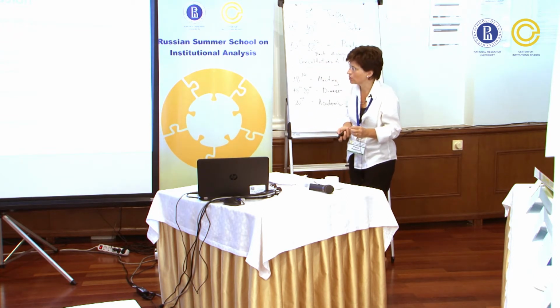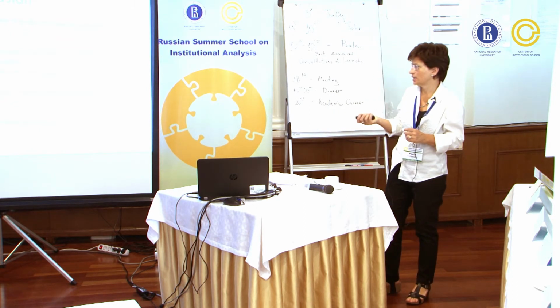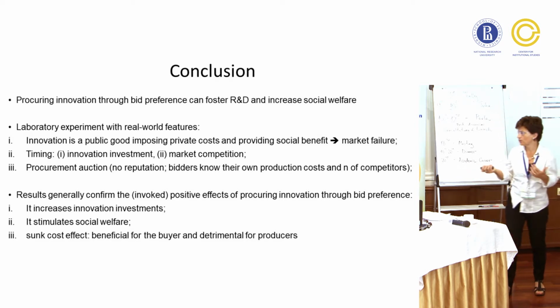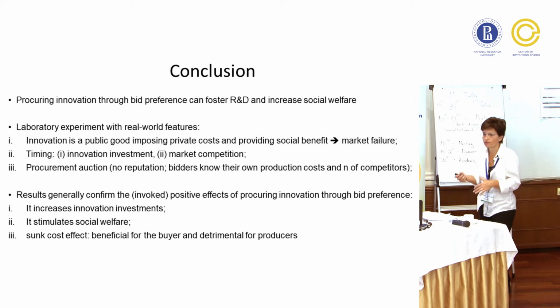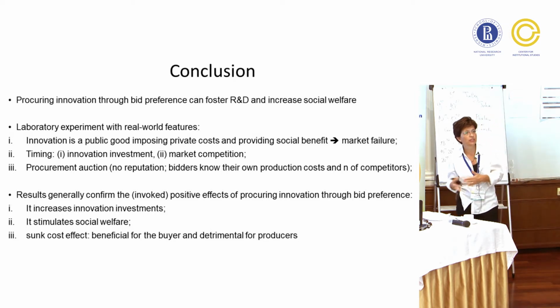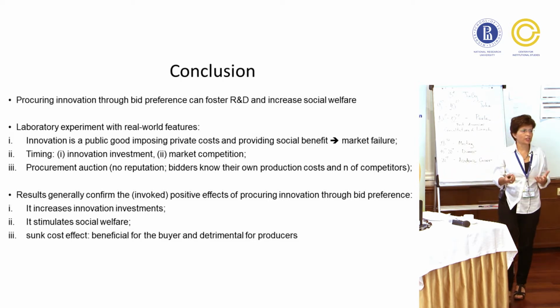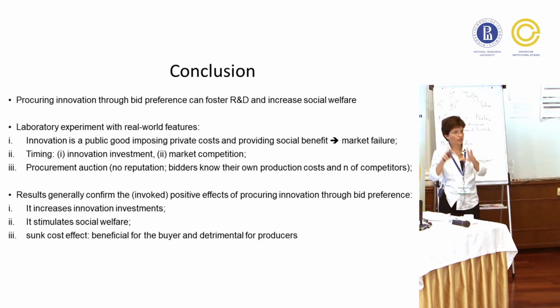And what we found is that the bid preference increases innovation investment, and it also stimulates social welfare, in particular with respect to the buyer. But what is really strange is that this bid preference seems not to have a cost for the buyer. Why?